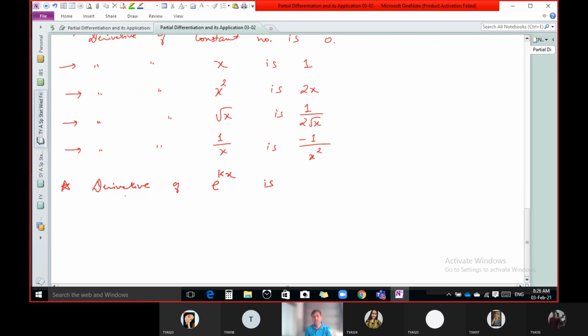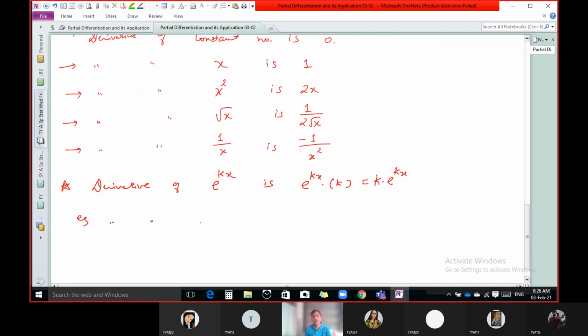What is the derivative of e raised to kx? Okay, now learn this. E raised to kx into k, or you can write k into e raised to kx.